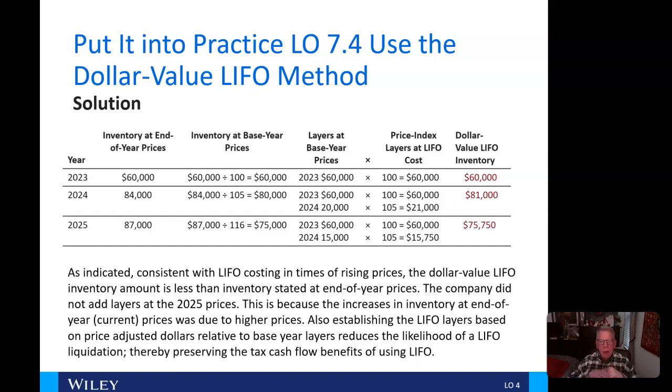This is because the increase in inventory at the end of year current prices was due to higher prices. Also, establishing the LIFO layers based on price adjusted dollars relative to base year layers reduces the likelihood of a LIFO liquidation, thereby preserving the cash flow benefits of using LIFO.